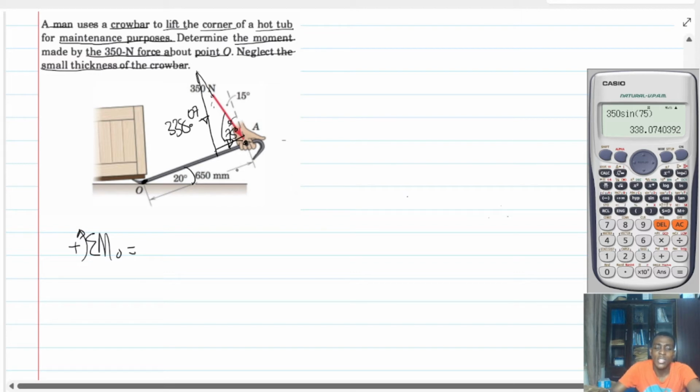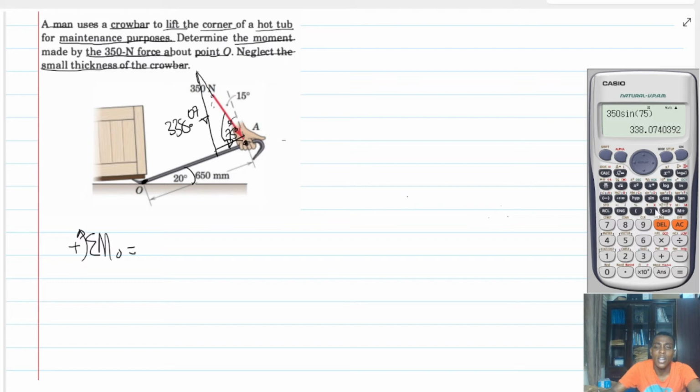And then the side which is along the crowbar is going to be, that is 350 cosine 75. And that's going to be 90.587.